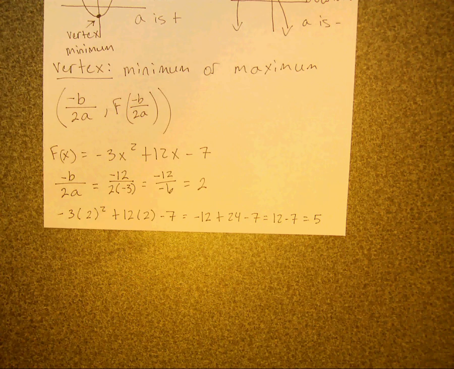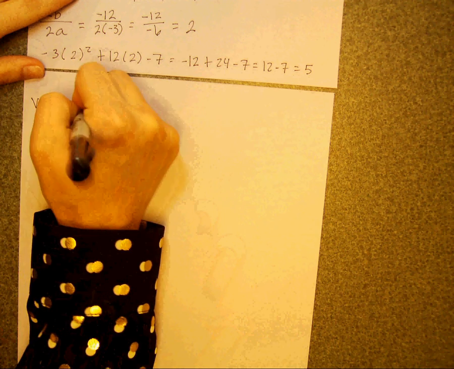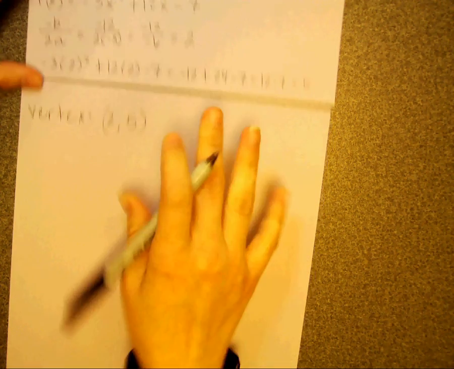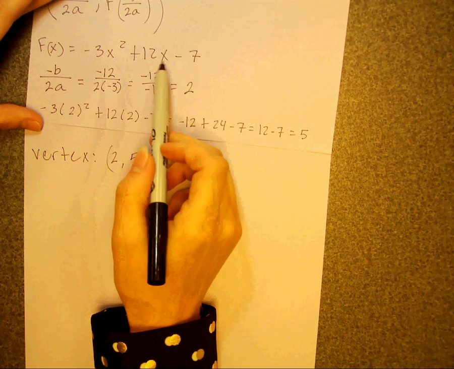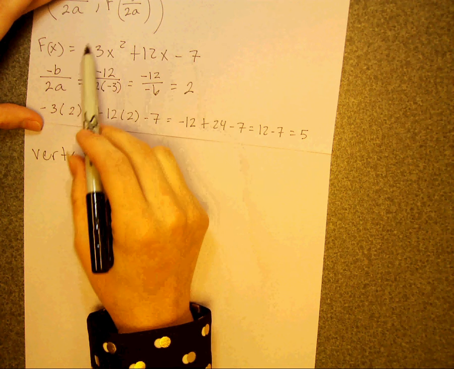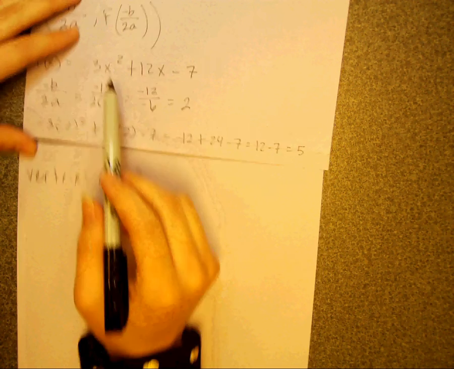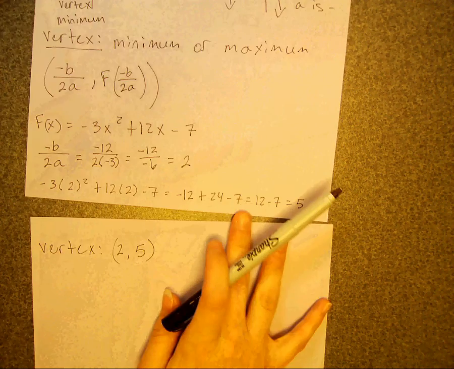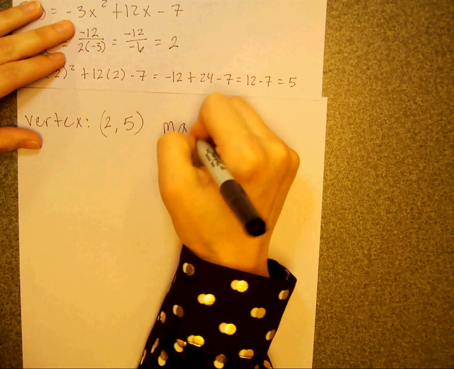So the vertex of my quadratic is 2, 5. Now, looking at that quadratic again, I have negative 3x squared plus 12x minus 7. My leading coefficient is negative, so that means my quadratic is going to be flipped upside down. It's open downward, so I know that my vertex is a maximum.